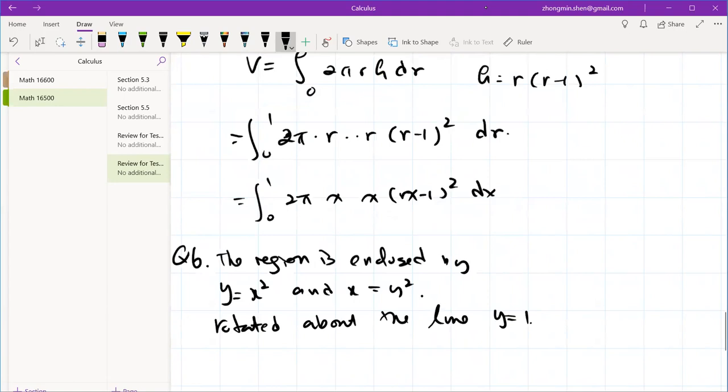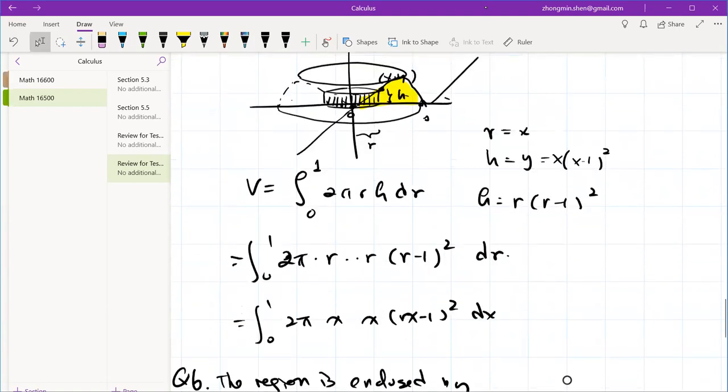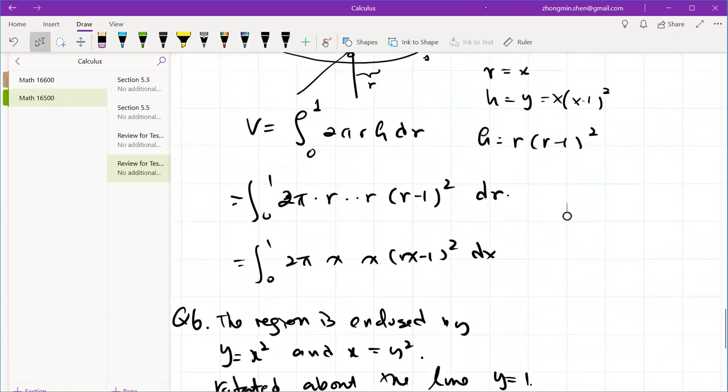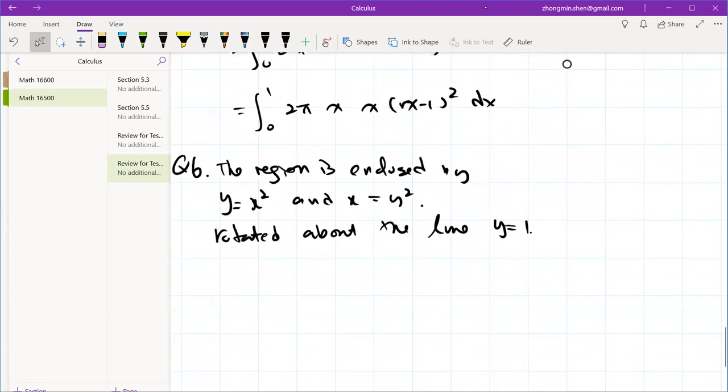I have to find the value, or I just leave it like this? Just leave it like that. When I say set up an integral, don't waste the time to evaluate. Set up an integral. I do not ask you to evaluate, to save time. Otherwise, you're not going to have enough time to finish 10 problems. It is not my primary purpose to test you on how to evaluate an integral. This is a polynomial. You can do that.